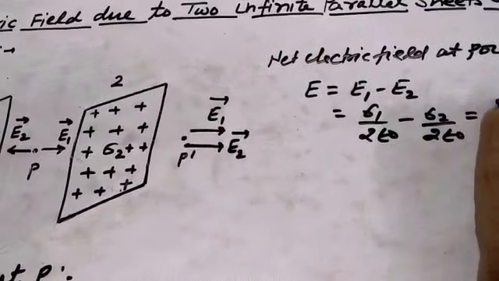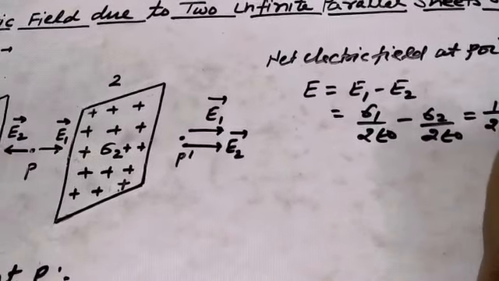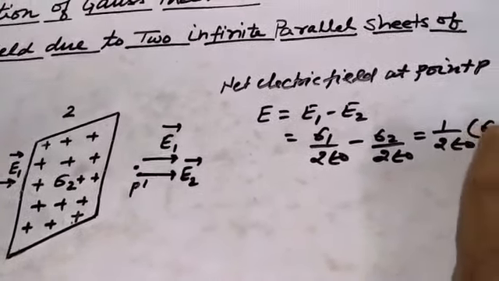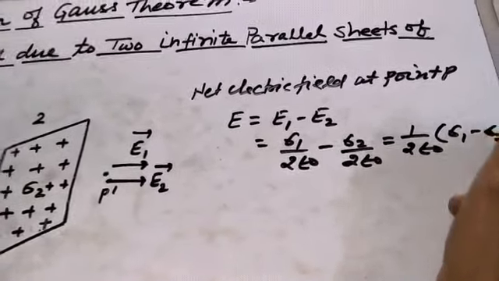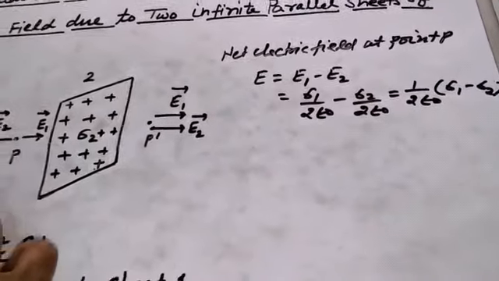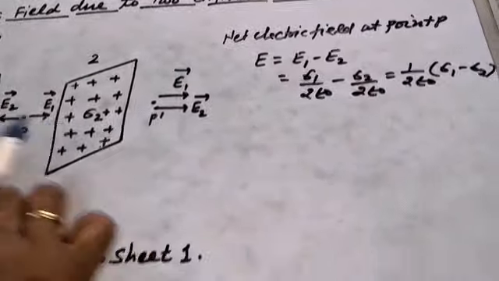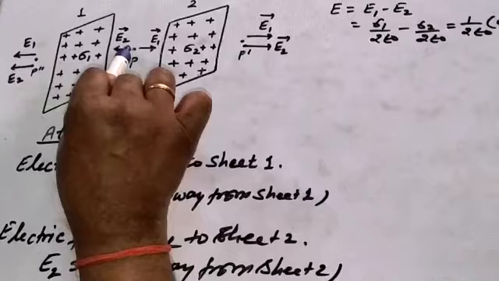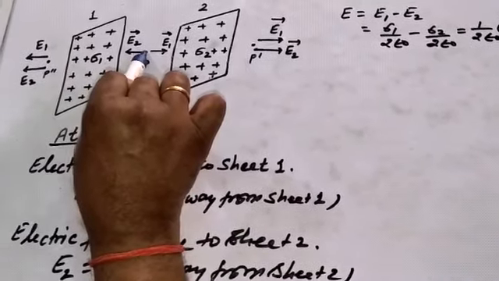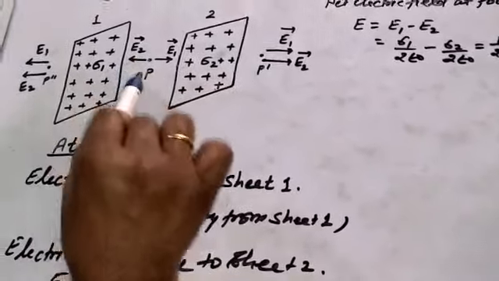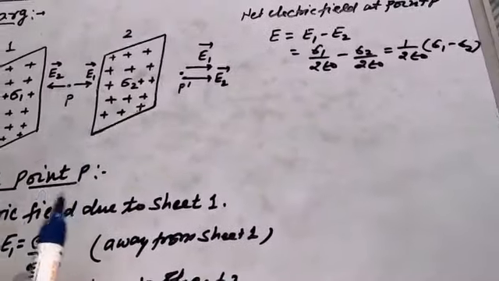This is equal to 1 upon 2 epsilon naught times sigma 1 minus sigma 2. This is the net electric field between these two parallel sheets of charge at any point. Once again, I would like to remind you, don't think that this is only the midpoint. You can take any point between these two sheets of charge.